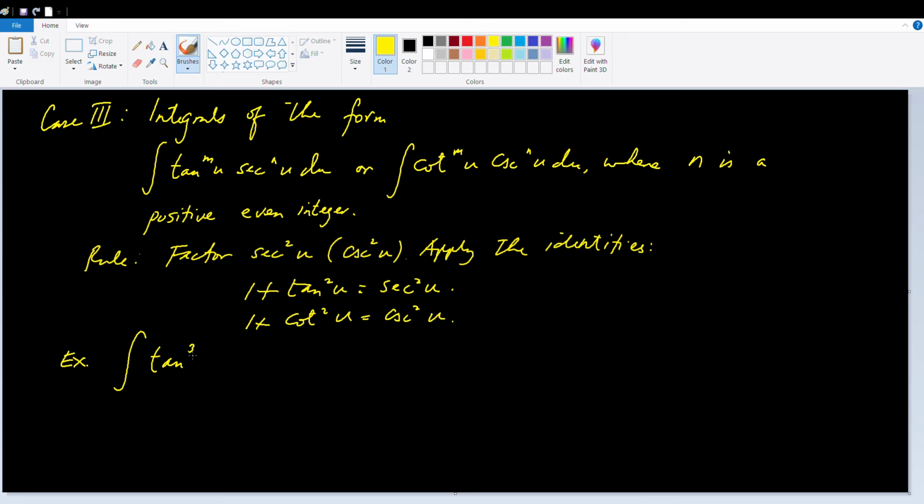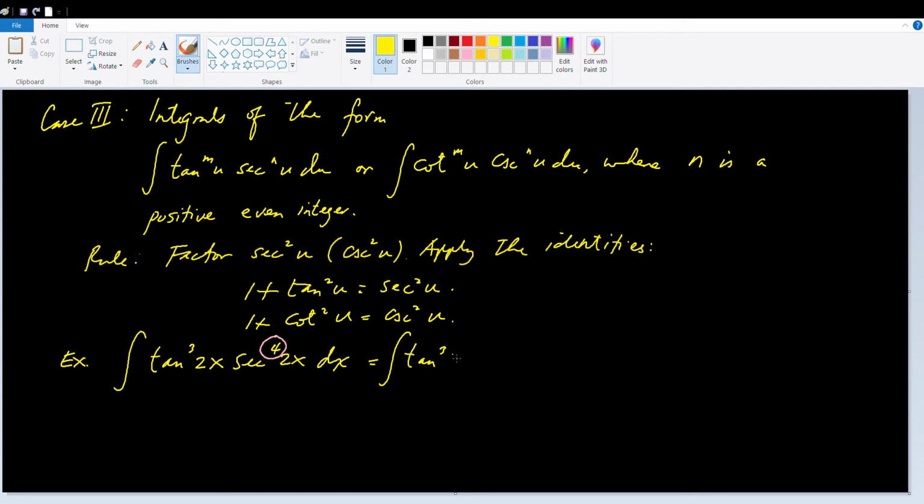So for our first example, we evaluate the integral of tangent cube 2x and secant to the fourth 2x dx. We examine the power of secant, which is 4, a positive even integer. So we are going to factor secant squared.